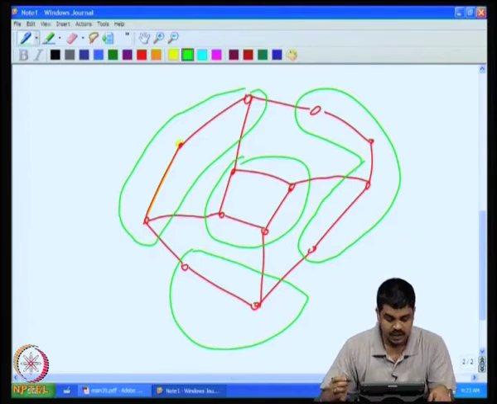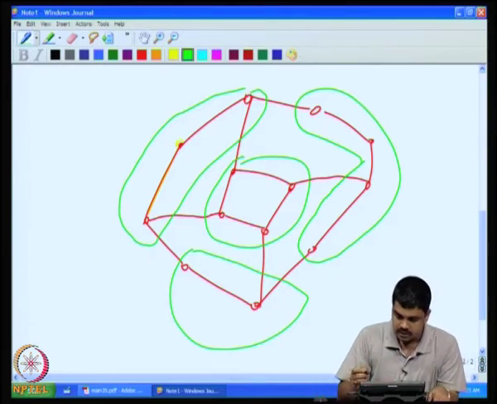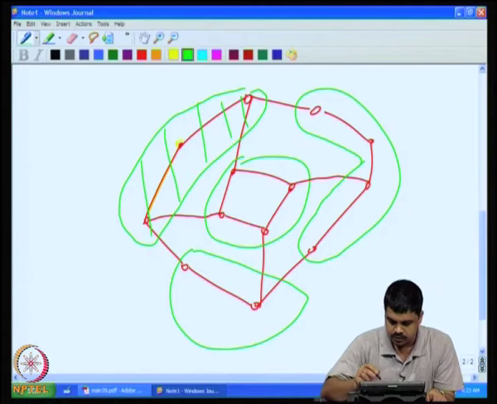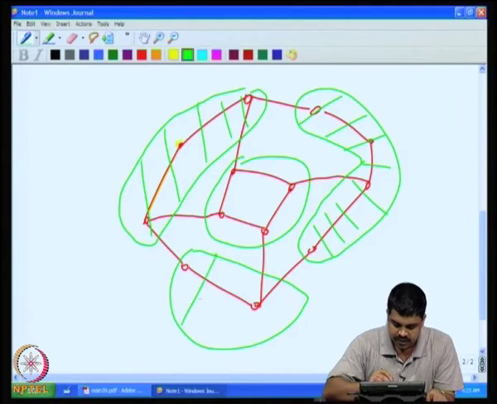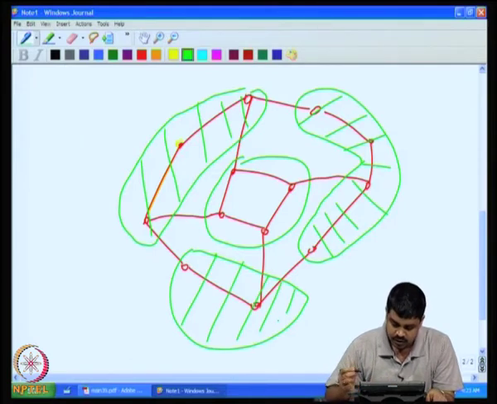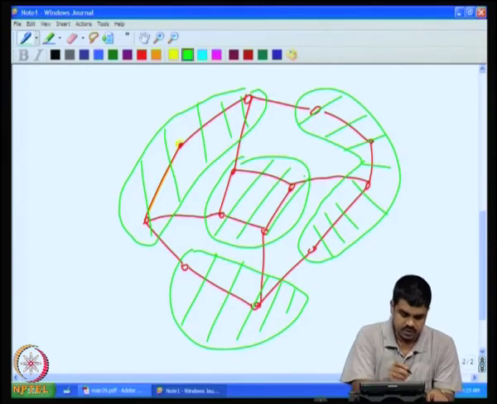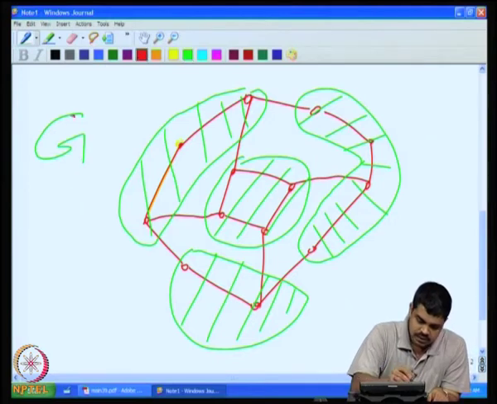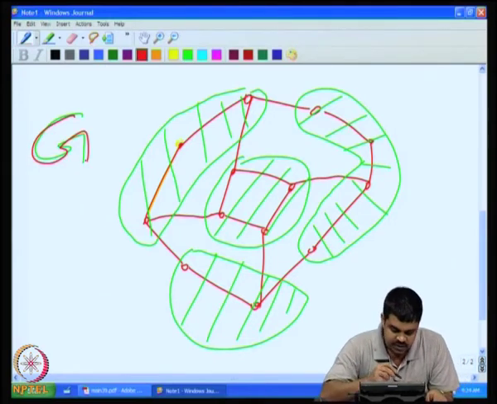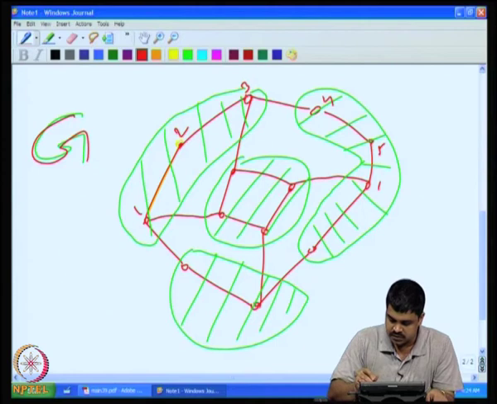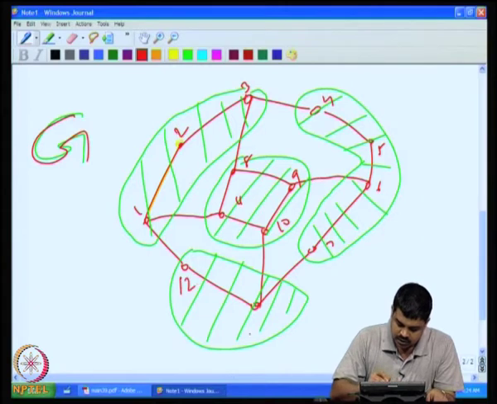I am just marking off some vertex sets. So essentially I have partitioned the vertex set of G. The red graph is G, and I have partitioned the vertex set into, say, 1, 2, 3, then 4, 5, 6, 7 is another group, 8, 9, 10, 11 is another group, and 12, 13 is another group.